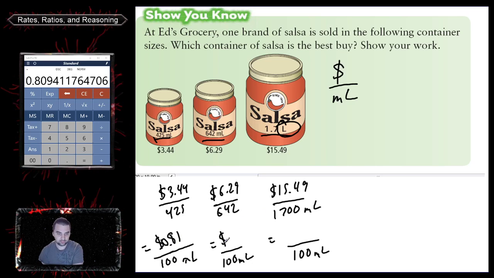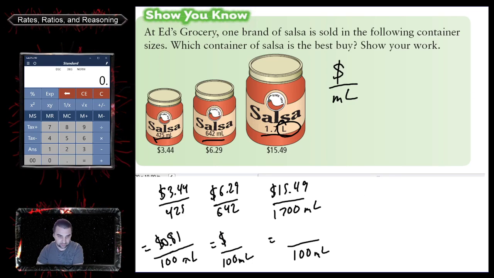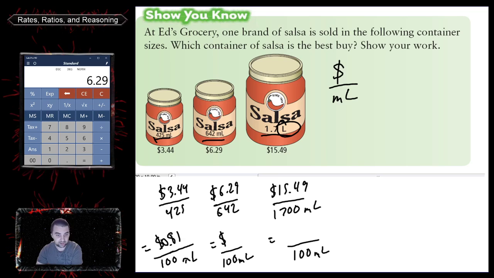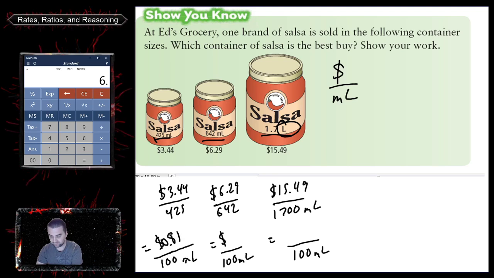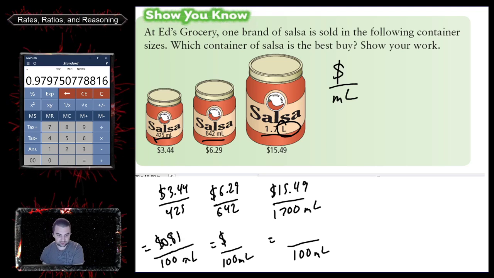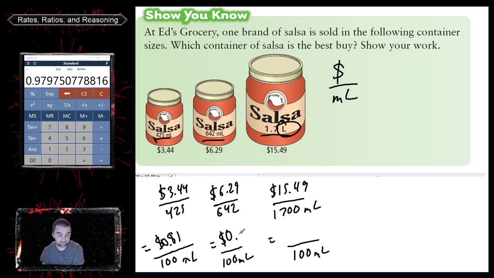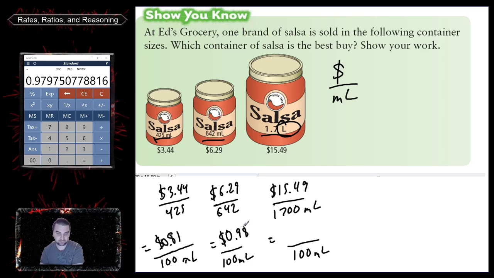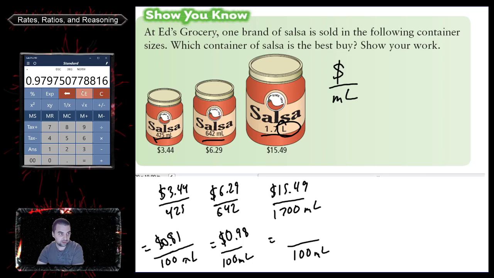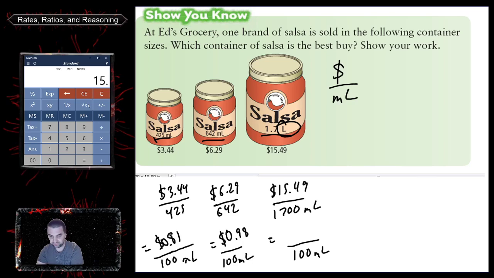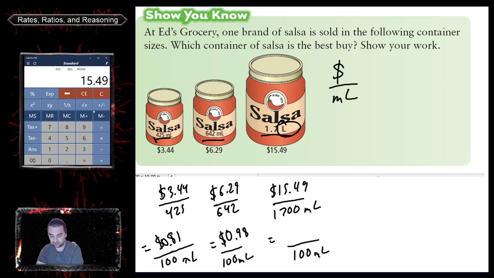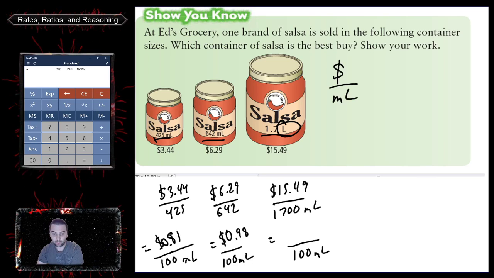And here, for 6.29, I am going to divide 6.29 by 6.42. And that gives me 0.98, almost $1.